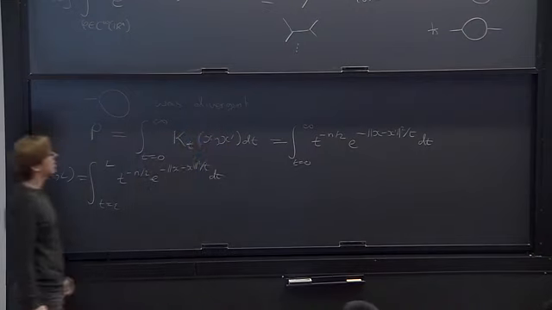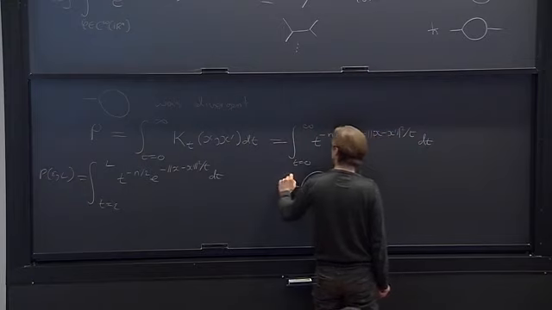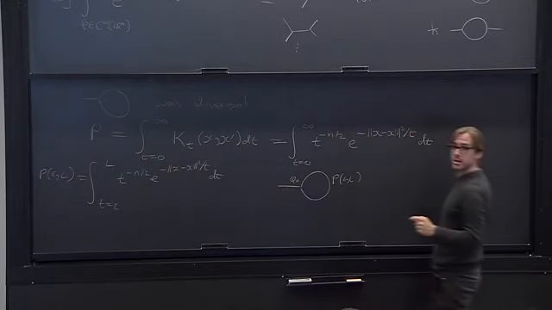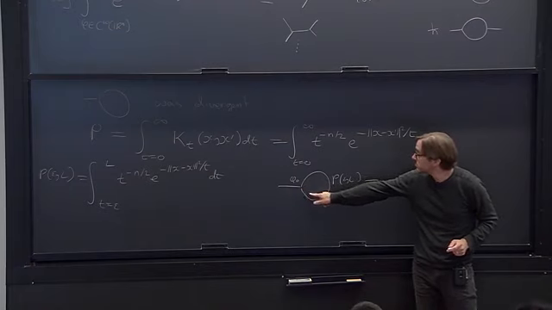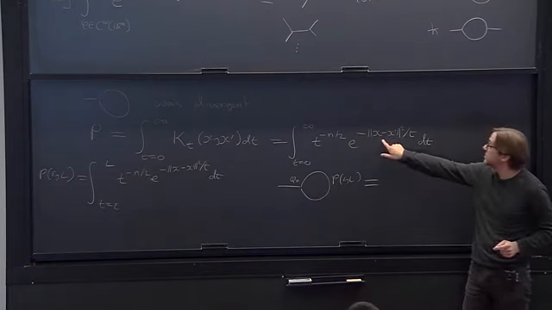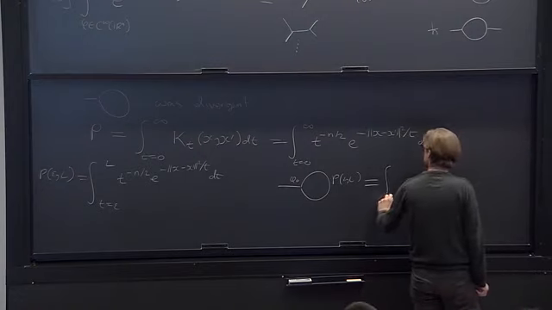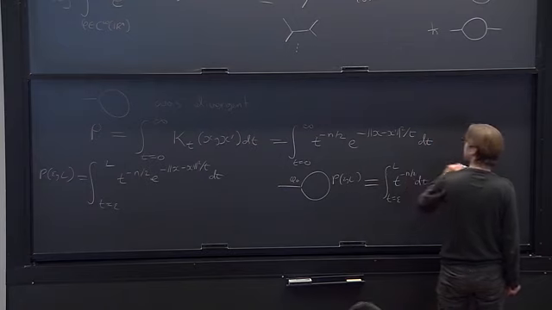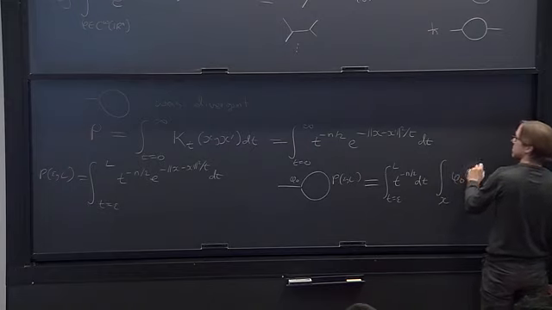And we saw that if we took this diagram with the regularized propagator, and here I had this field phi 0 on this external leg, since this edge goes from a vertex to itself, I'm just evaluating this when x is equal to x prime. So this factor just drops out. So it equals the integral from epsilon to infinity of t to the minus n over 2 dt, times the integral of phi 0 of x.